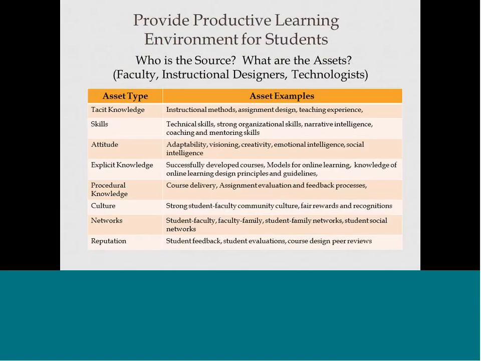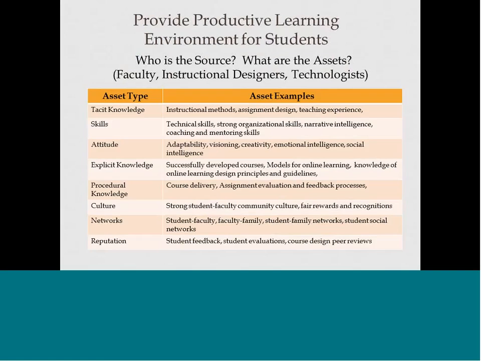So in terms of tacit knowledge, we're including knowledge of instructional methods, assignment design, teaching experience. In terms of skills, we would include technical skills, very strong organizational skills, narrative intelligence, coaching and mentoring skills. This is not just for students, but also instructional designers providing that support to faculty.